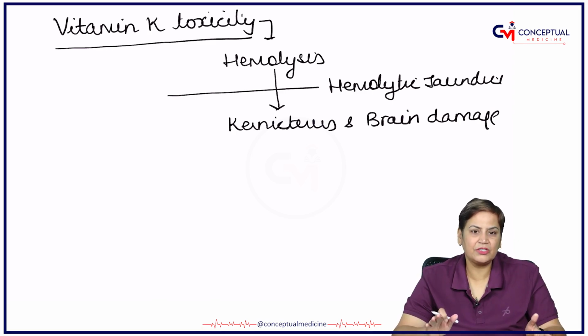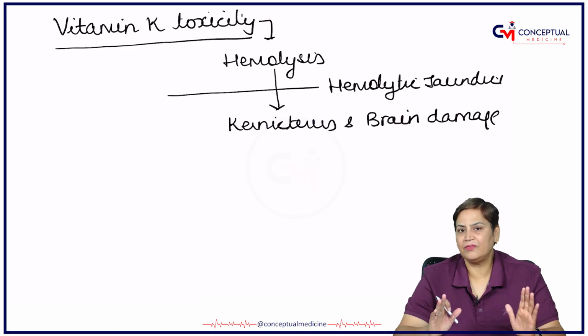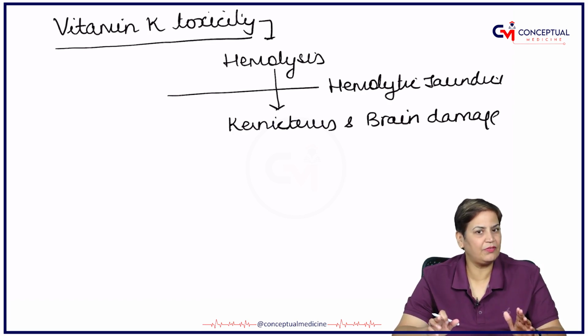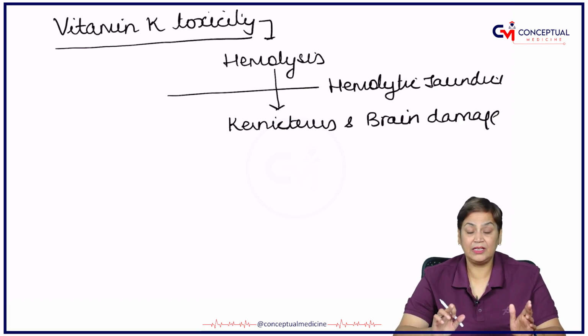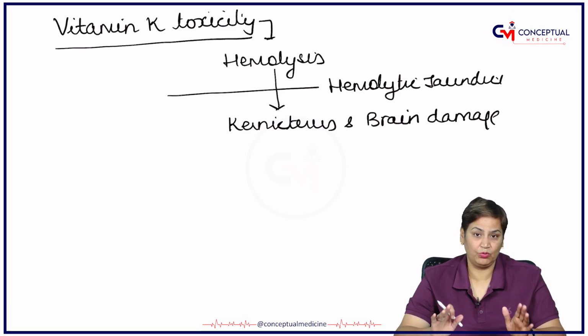So here in biochemistry what you need to know is that vitamin K plays a very important role as it leads to the post-translational modification, or post-translational carboxylation, of glutamic acid, which is the major amino acid present on the active site of prothrombin.